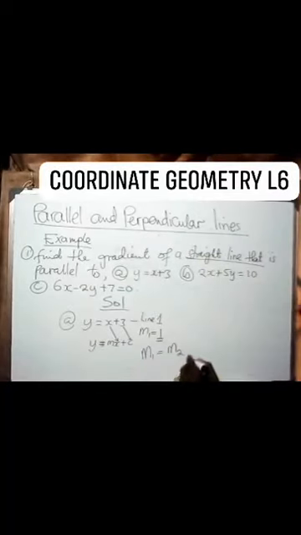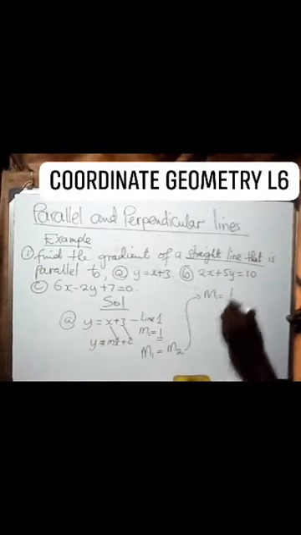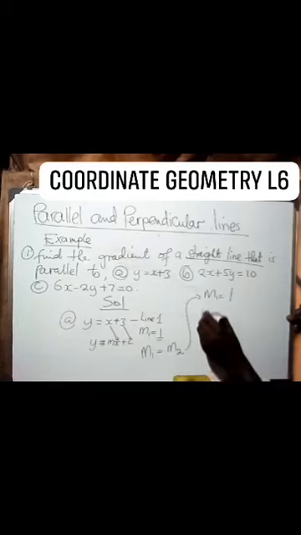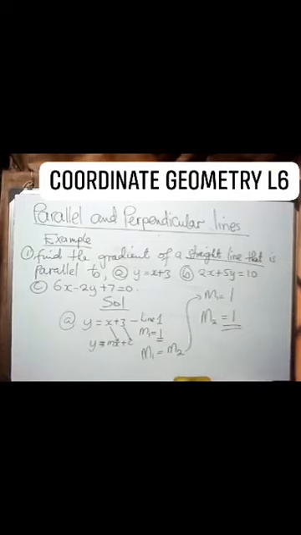So if gradient 1 is equal to 1, this means that gradient number 2 is also 1. So this is the answer for the second gradient. Gradient number 2 is 1. So that is the answer we have.